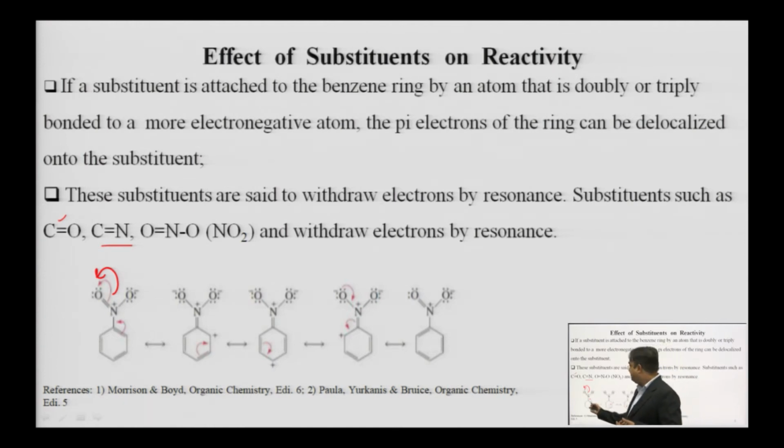At the same time, the pi electrons of the benzene come to help the nitrogen. A double bond will be introduced between nitrogen and carbon of the benzene, and this delocalization will continue. We get resonating structures by that, but the overall electron density of the benzene ring will get reduced.